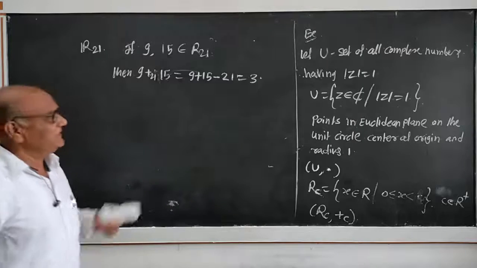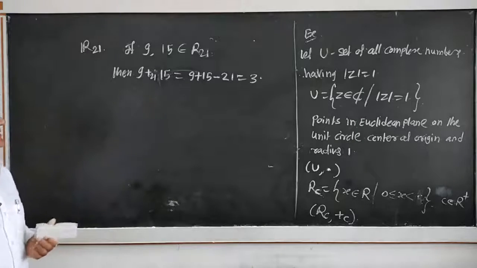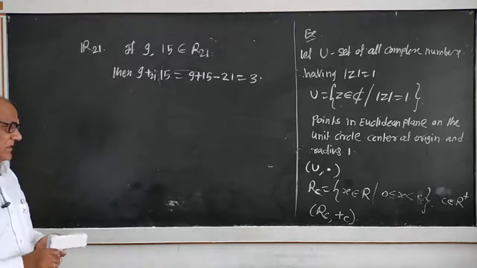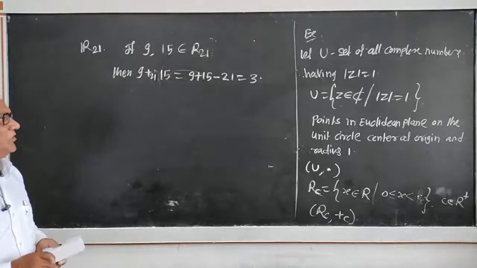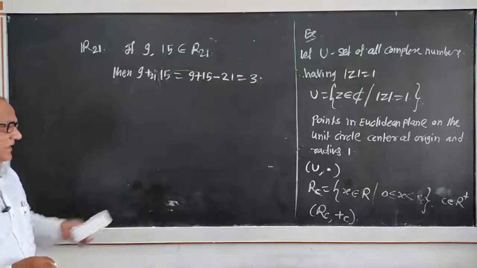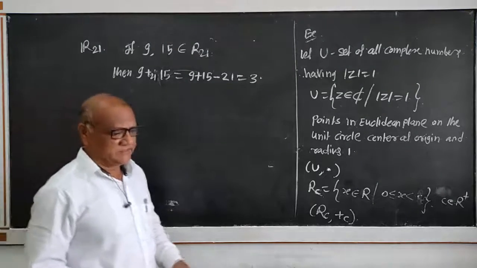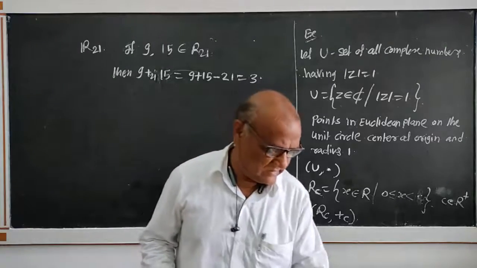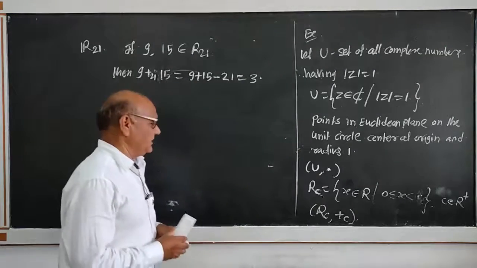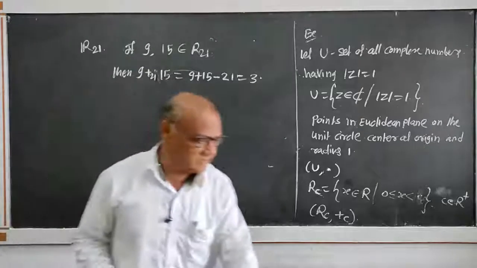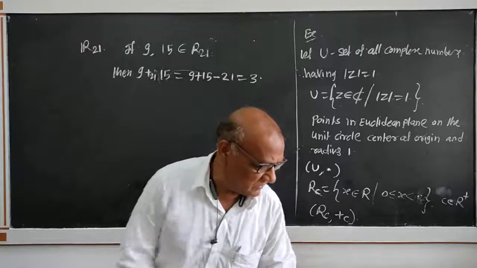Addition is defined this way, addition modulo c. Then these two binary structures are isomorphic.